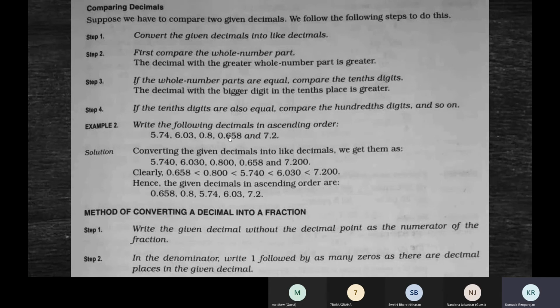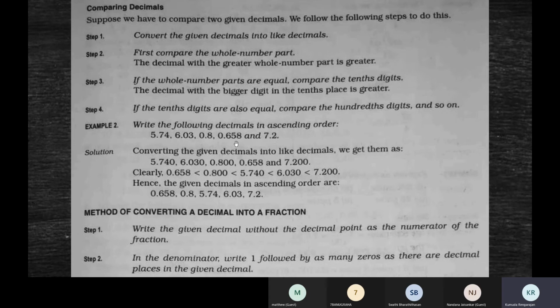Convert the given decimals to like decimals. That is, make sure that they all have the same number of decimal places, the same number of digits after the decimal point. In 0.658 there are 3 digits after the decimal point, which is the maximum.